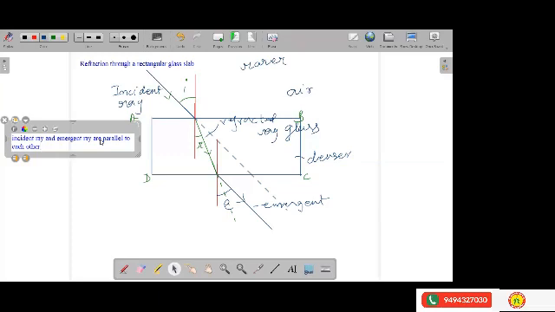So the first thing, that the incident ray and emergent ray are parallel to each other, and also you will find here the angle of incidence is equal to the angle of emergence.